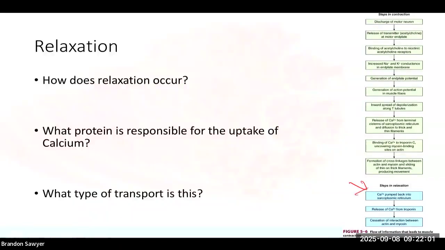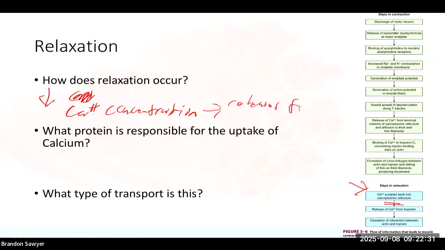And so what's happening here is calcium is pumped back into the sarcoplasmic reticulum, okay? So we get a decrease in calcium concentration. And if we don't have as much calcium around those troponin molecules, then calcium starts coming off, right? We don't get calcium bound to troponin anymore. So it releases from troponin, right? And then we cover up that binding site again.